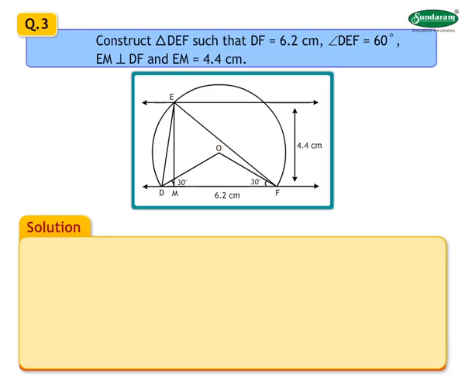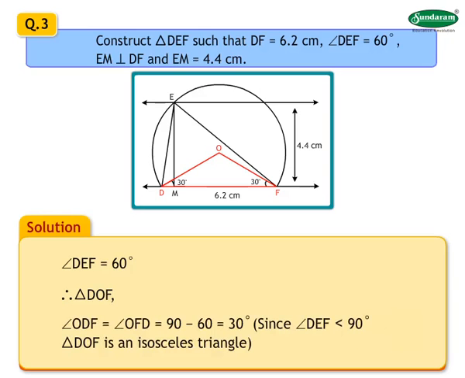It is given that angle DEF is equal to 60 degrees. Since angle DEF is less than 90 degrees and triangle DOF is an isosceles triangle, therefore, in triangle DOF, angle ODF is equal to angle OFD is equal to 90 minus 60 is equal to 30 degrees.